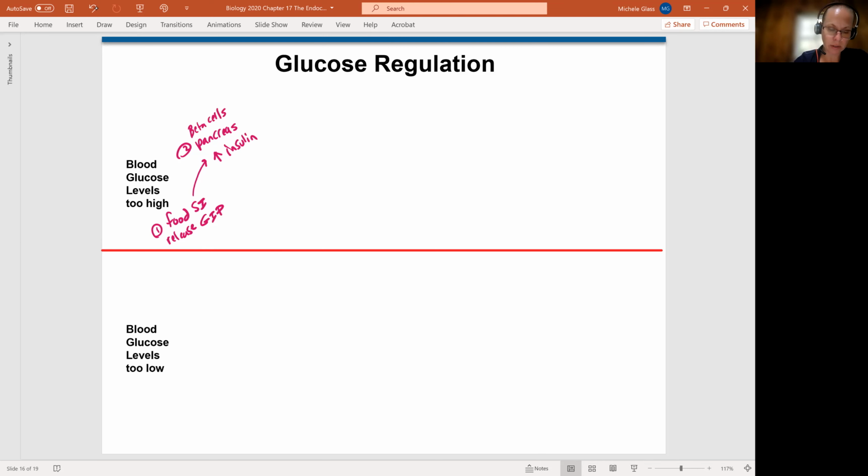This has been a final exam question in years past. And what we see is that, you can use the memory device, insulin gets the glucose into the cell. So when we get that high level of insulin, body cells remove glucose from the blood.